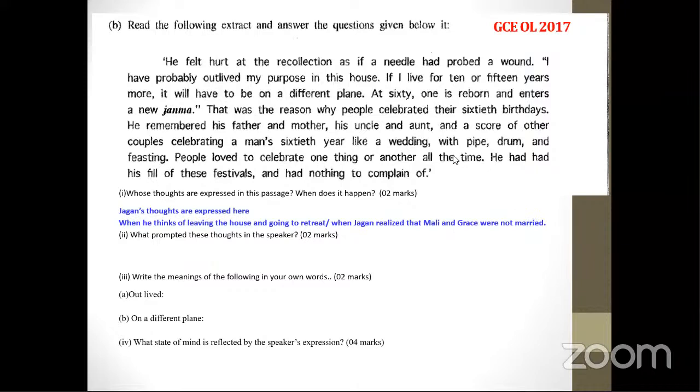We come across Mali at the beginning, coming to India with his wife, introducing Grace as his wife. But only in the latter part of the novel, Jagan comes to know that they are not married.